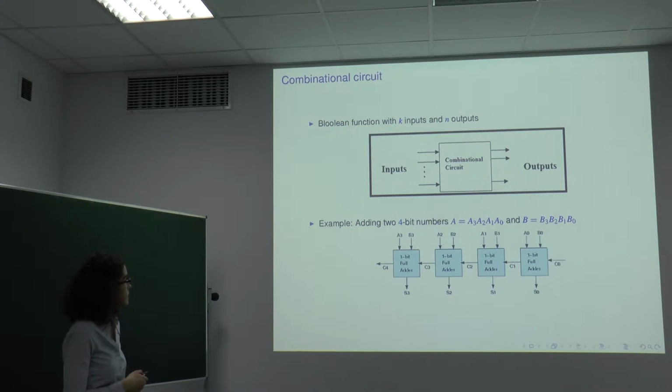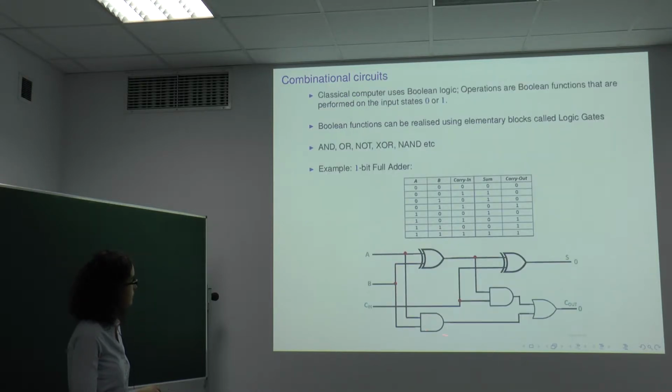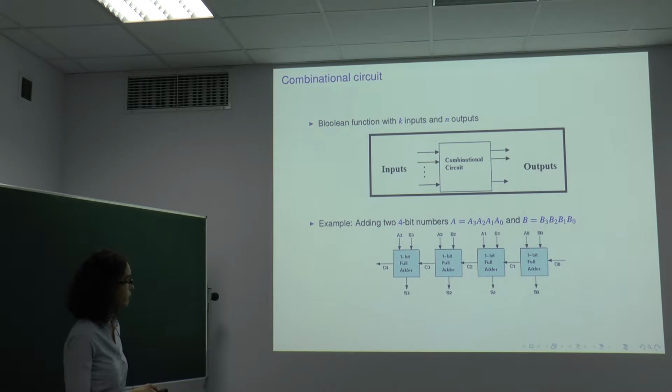As an example of a more complicated operation, let us consider a function which adds 2 4-bit numbers denoted by A and by B. As one can see, this function consists of 4 blocks, and each of these blocks is exactly this 1-bit full adder.